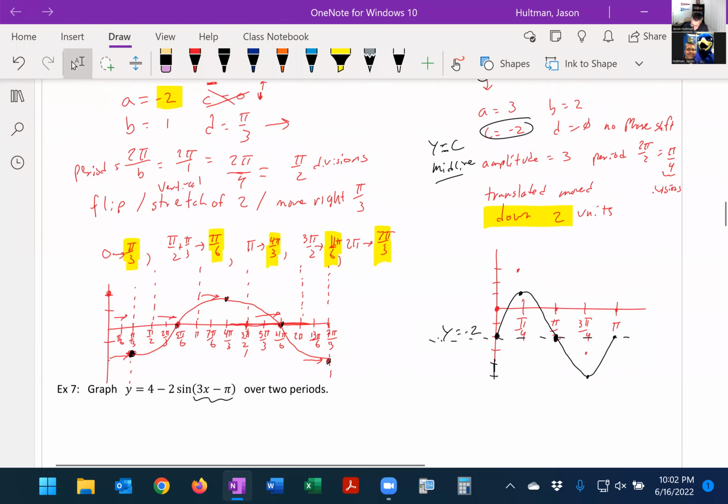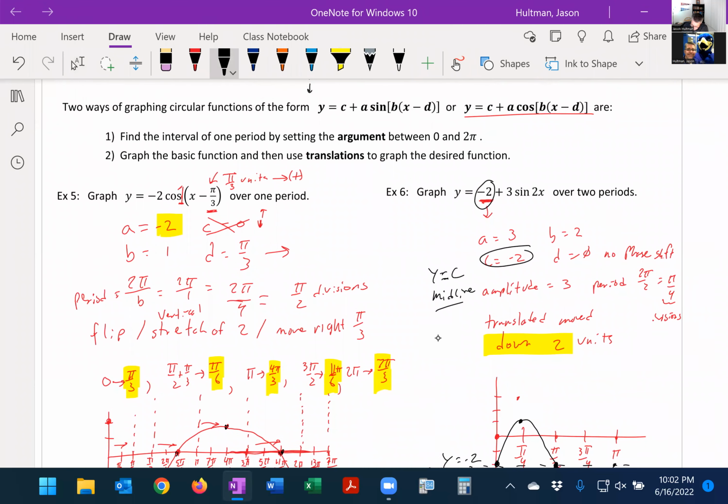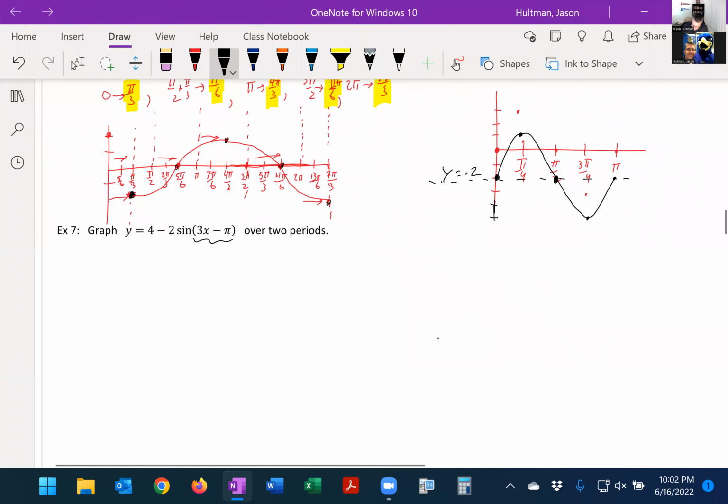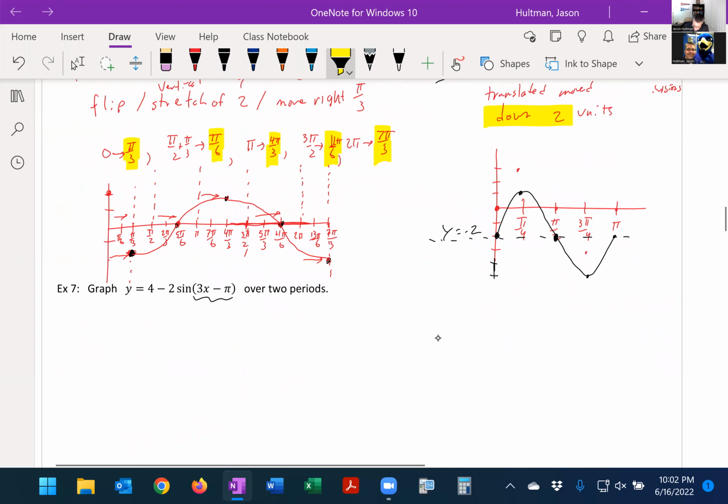In order to get b, and this was a sine function, we have to have it factored out. Here b is factored out in front of x minus d. So I'll highlight that. B has to be factored out, so we're going to factor out that 3.